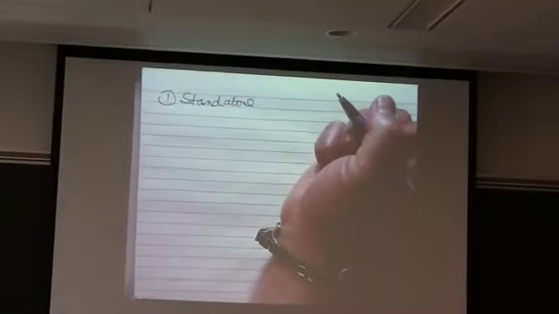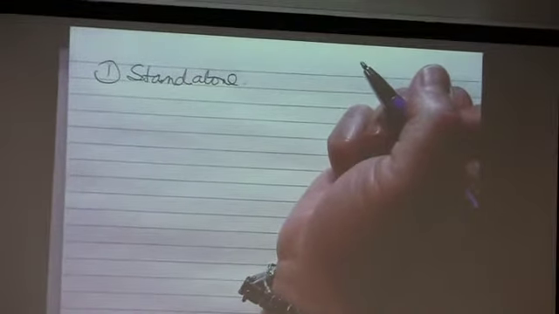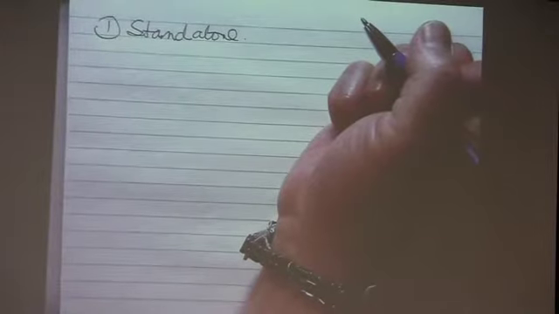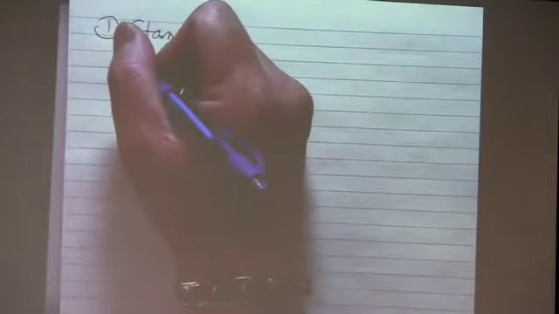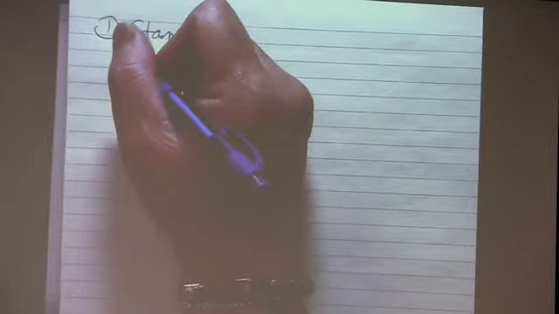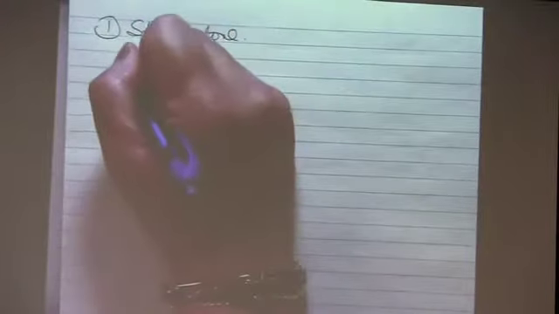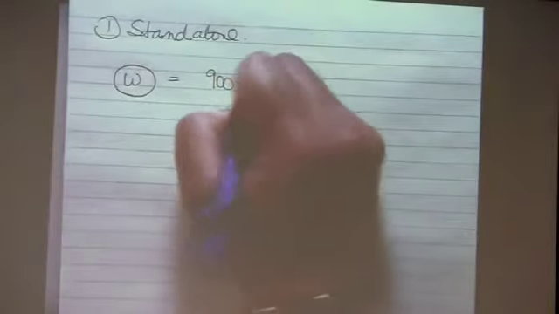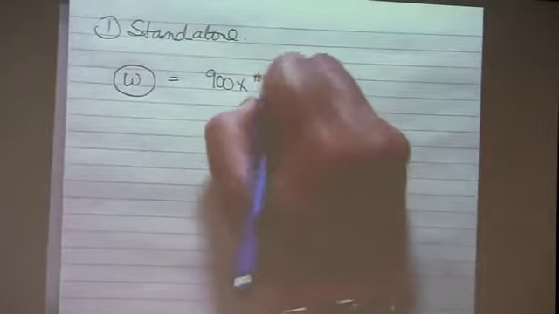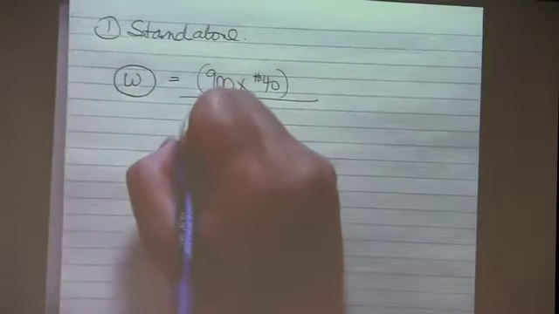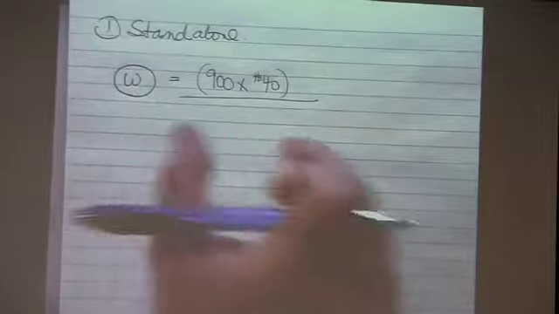So for standalone, we need to determine the value of each of these two companies. If they were to rent the dyeing machine on their own, how much would they pay? So Wright, let's call it W, would need 900 hours, and they would rent it for $40, divided by the relative value of each standalone.